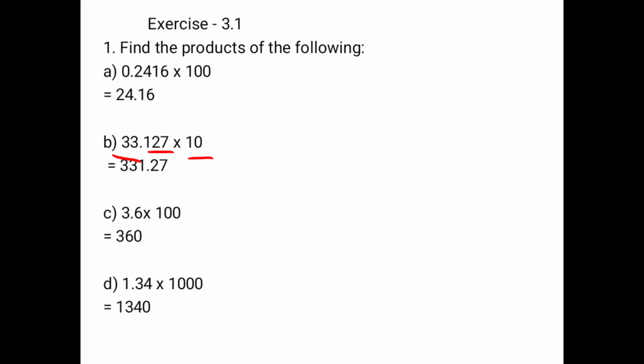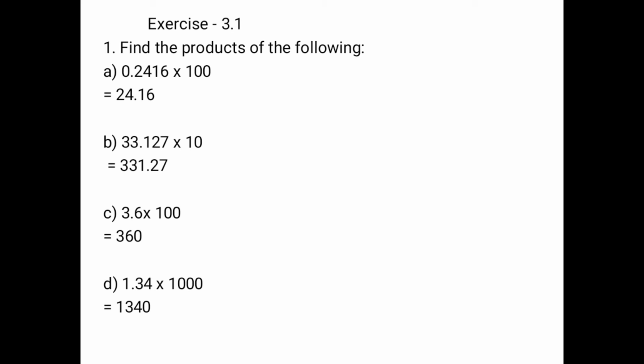And B, 33.127 into 10. Here we have one zero, so the decimal point will go 1 digit to the right-hand side. Remember, when it is multiplication, the decimal point will go to the right-hand side. Now here C, 3.6 into 100, right?